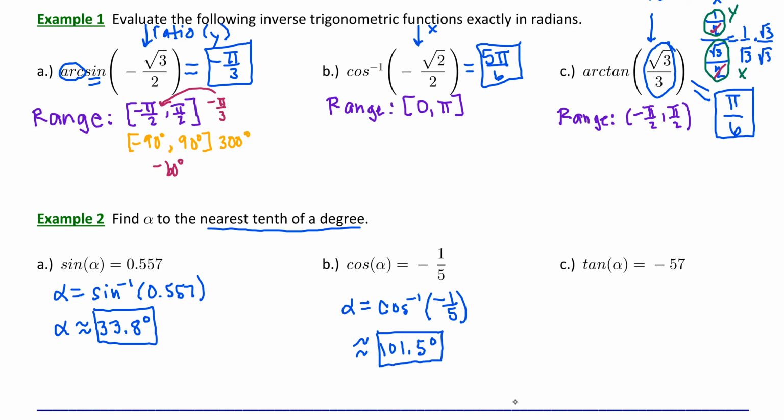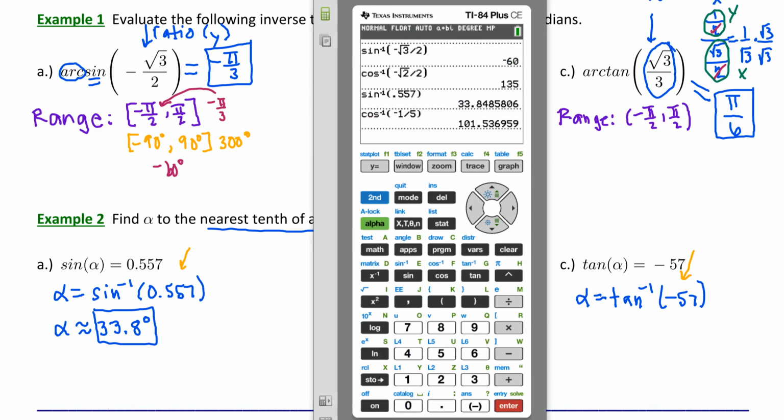For our last one here, tangent of alpha equals -57. So alpha equals inverse tangent of -57. Now, whereas the input to either inverse cosine or inverse sine has to be a value between -1 and 1, remember, we can plug anything into the inverse tangent function, anything between -infinity and infinity.